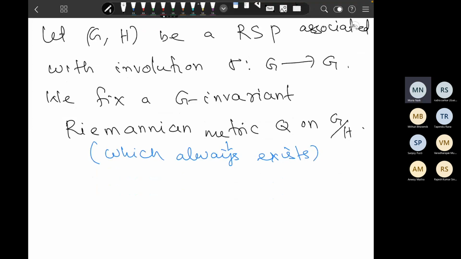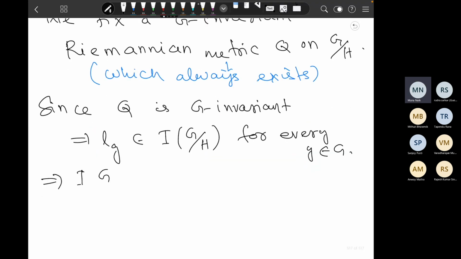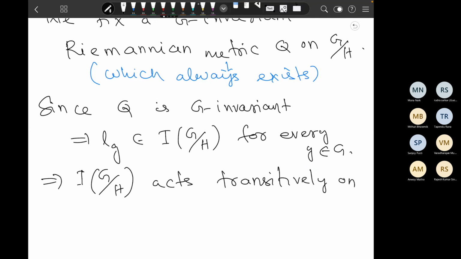Now since Q is G-invariant, this implies L_g belongs to the isometry group of G mod H for every g belongs to G. That means I(G mod H) acts transitively on G mod H, because left translations belong to the isometry group.